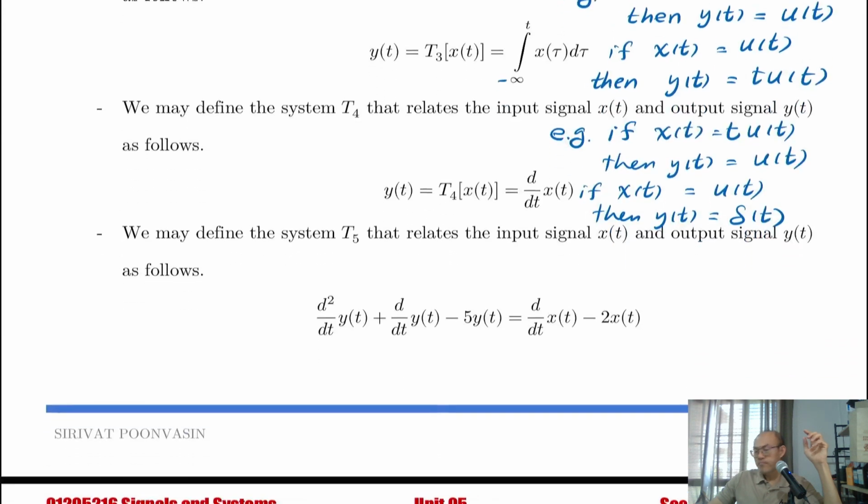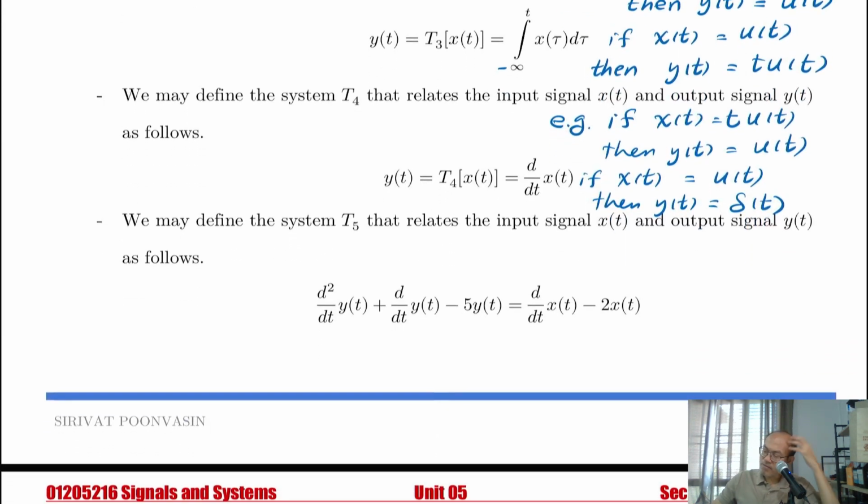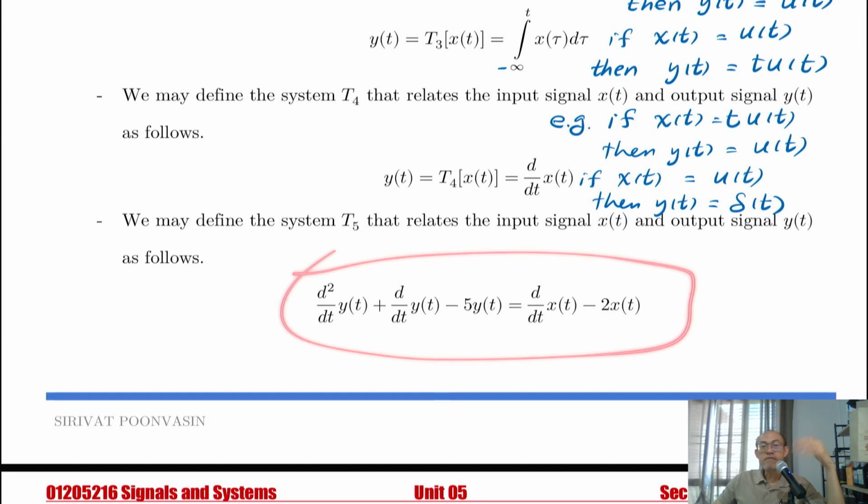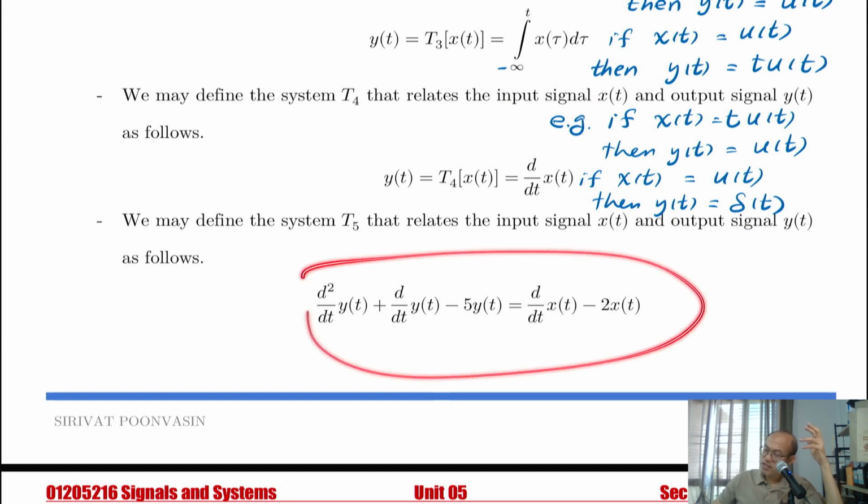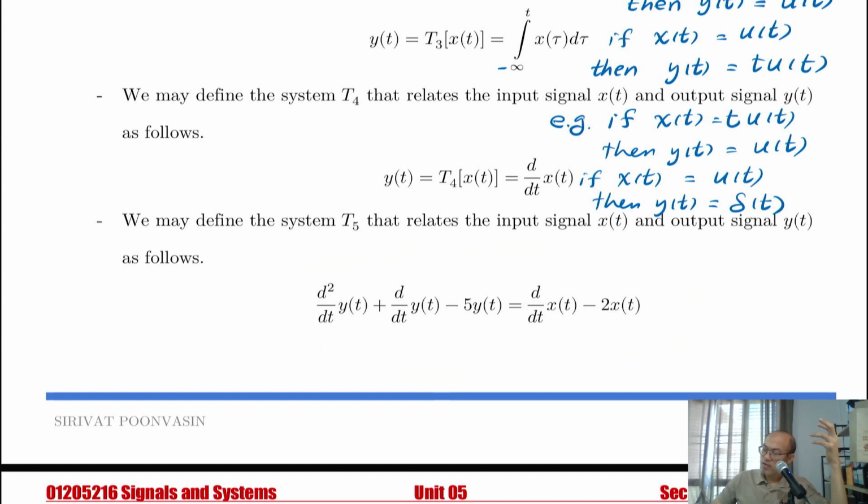Alright. Or we may define a system by some differential equation. In this example, the differential equation takes the second derivative of the output plus the first derivative of the output plus minus 5 times the output, and the result has to be equal to the first derivative of the input minus 2 times the input. So this is how the fifth system is defined.